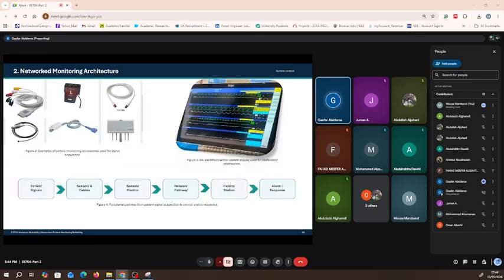This slide shows the functional pathway used in the analysis. The monitoring process starts with the patient physiological signal. These signals are captured by sensors, cables, ECG leads, for example, and other accessories. They are then processed and displayed by the bedside monitor.